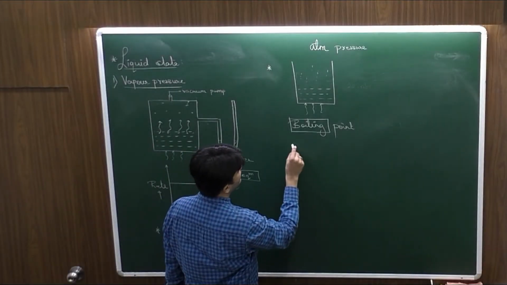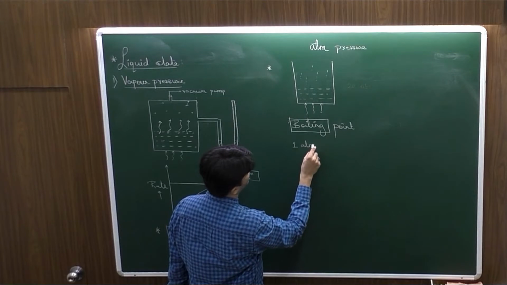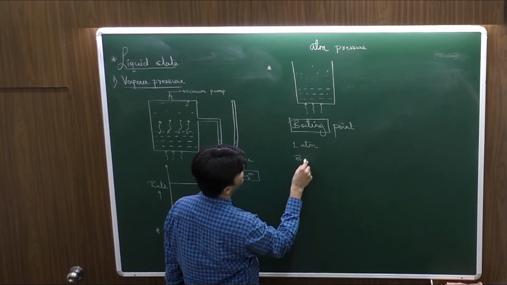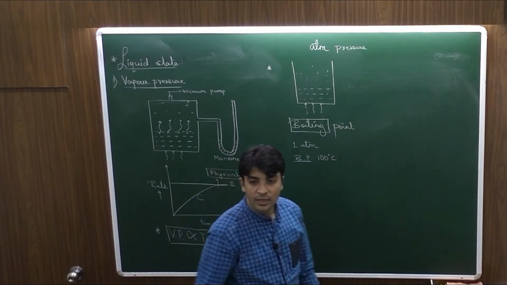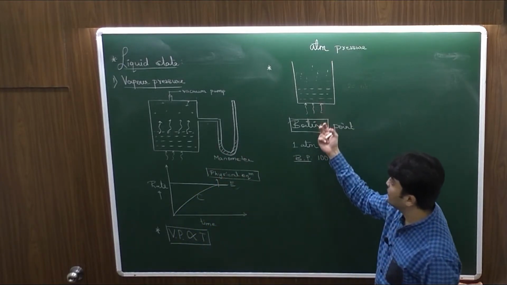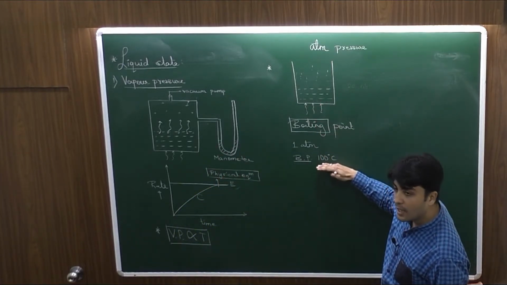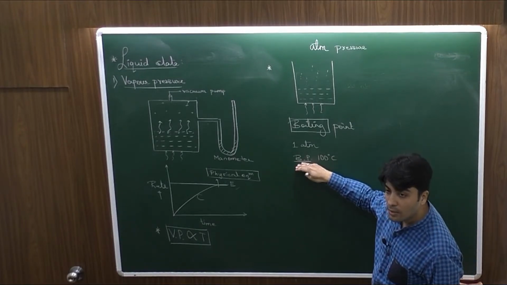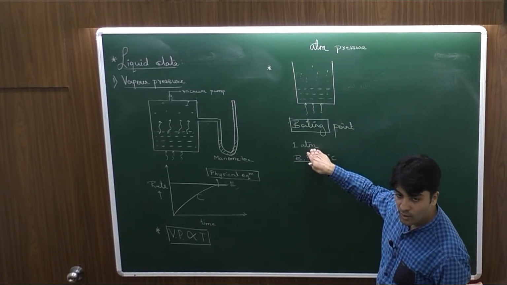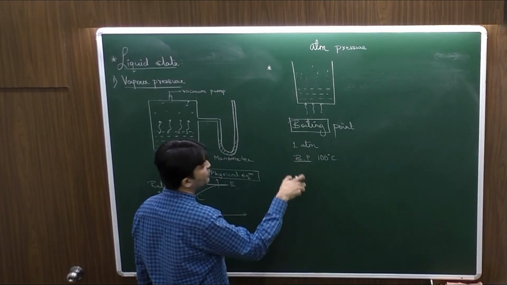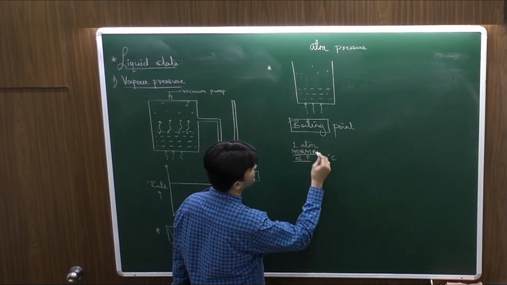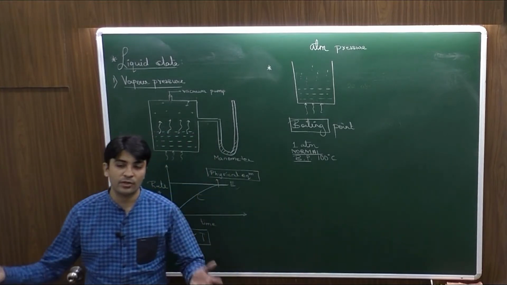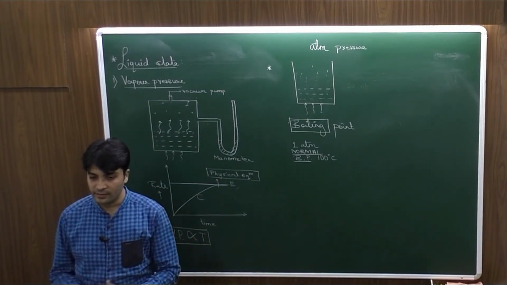Now, if we consider the boiling point of water at 1 atmosphere, we know the boiling point is 100 degrees Celsius. We need to heat the container or the vessel up to 100 degrees Celsius for it to boil at 1 atmosphere. This boiling point at 1 atmosphere is referred to as the normal boiling point. So normally we say the boiling point of water is 100 degrees Celsius.